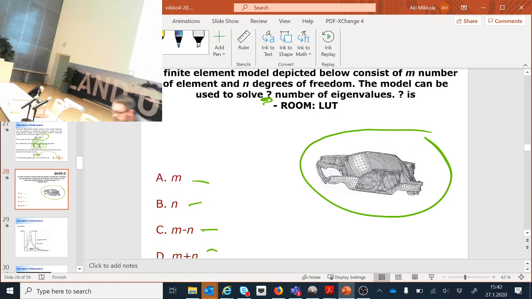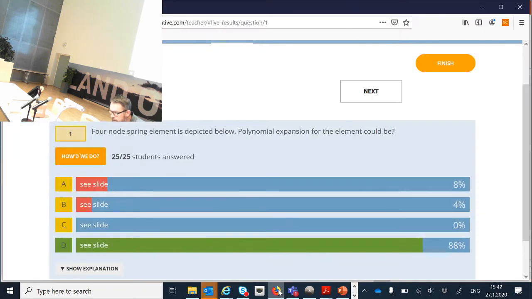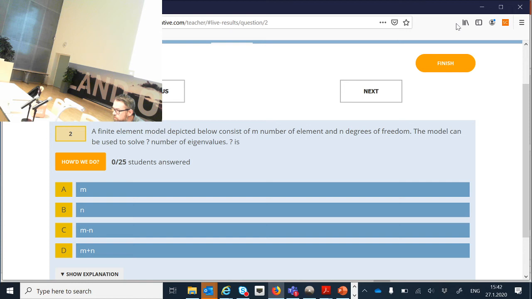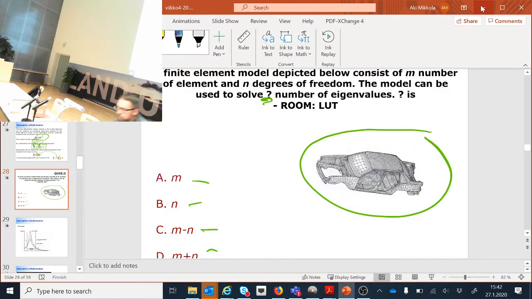Let's check that. Okay, so let's go back here. So I have here a finite element model that consists of m number of elements, which should be an m here, and n number of degrees of freedom. The model can be used to solve a question mark number of eigenvalues.